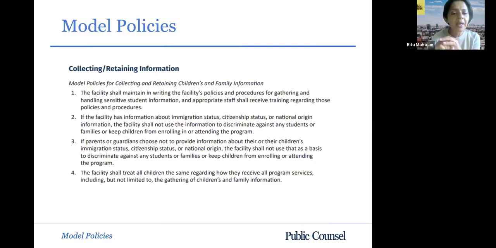In general, if you do have sensitive information about a family's immigration status or citizenship status, you're not to use that information to discriminate against the family, or to disenroll a family, or to make decisions about enrollment. If a family doesn't want to provide that information, again, it's not a reason to discriminate against that family or decide whether or not to enroll them based on their decision not to provide that information to you.